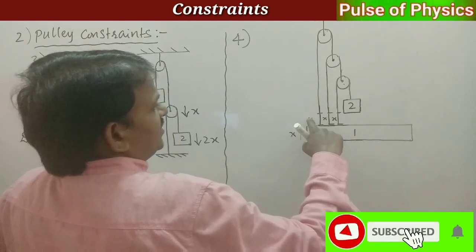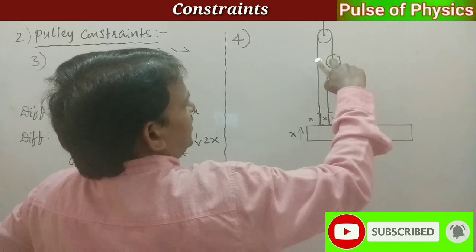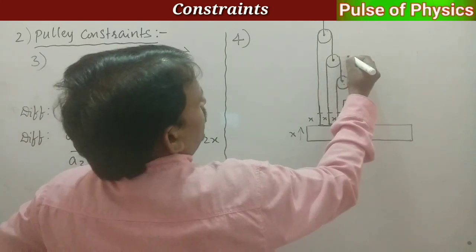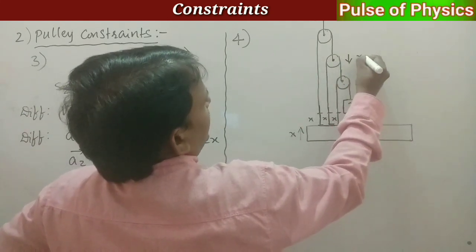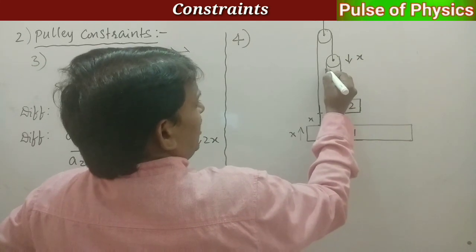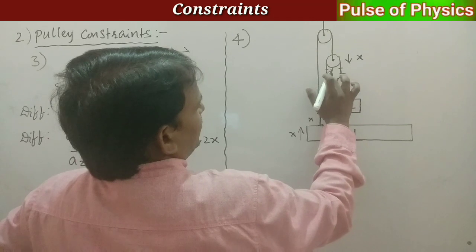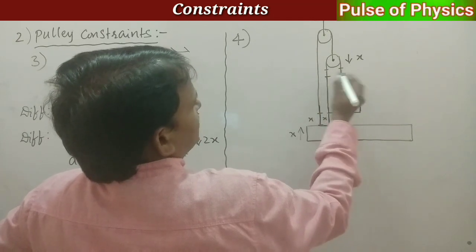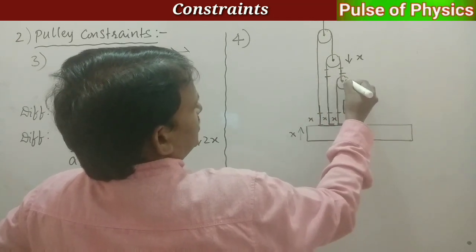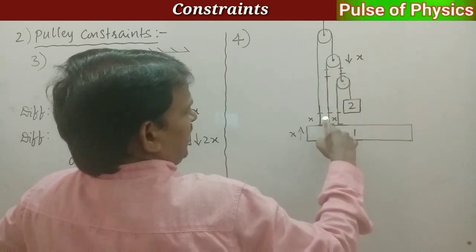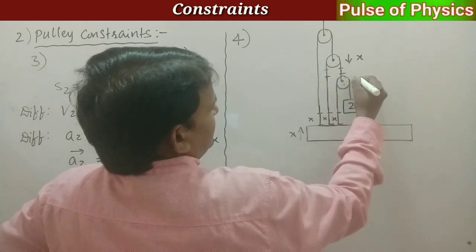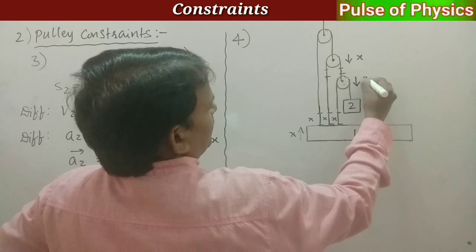Then this x centimeter transfers to this side. This pulley moves x centimeter down. This string becomes loose on this side and this side, x, 2x. Then this pulley moves 2x plus x, here 3x centimeter.